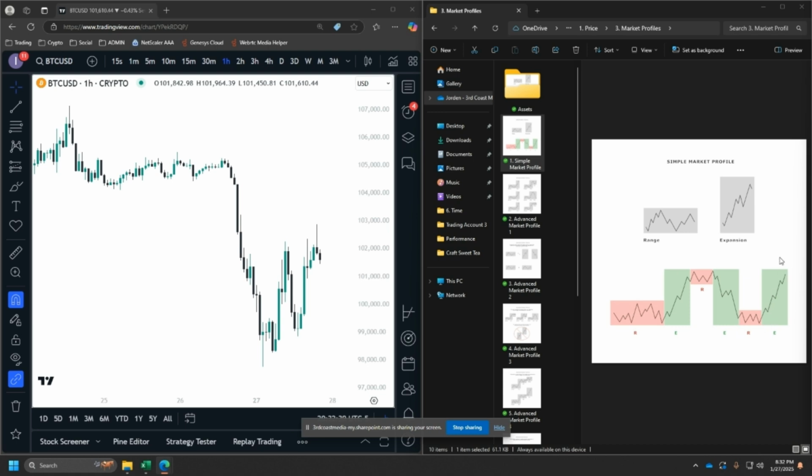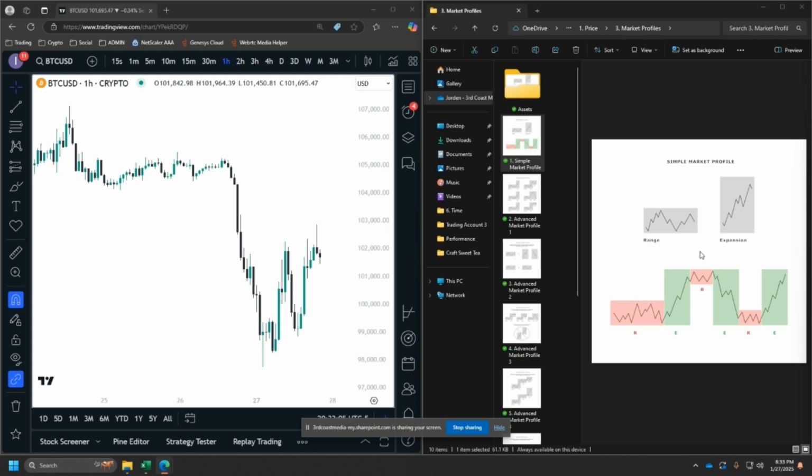Price went up. We also call that an expansion. An expansion isn't necessarily up or down movement. An expansion is a swing to new levels or to previous levels. So that would be a swing to new levels above or a swing to previous levels below.